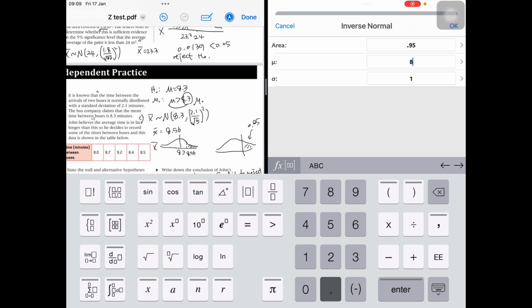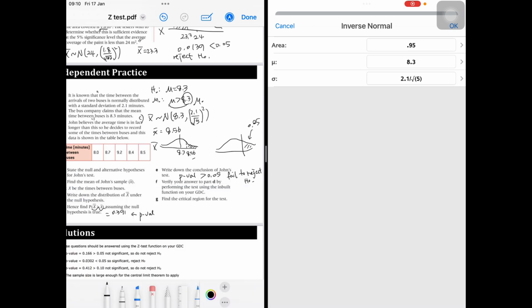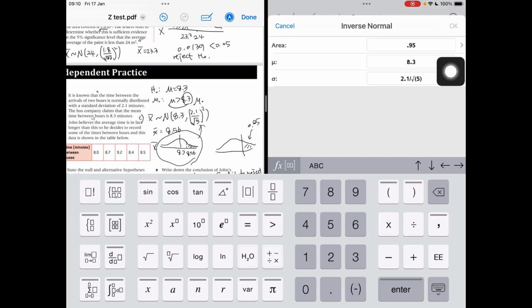And 8.3 and 2.1 over square root 5, because now we are dealing with this distribution. In this case, we need to put the sigma for X bar, not the population sigma.